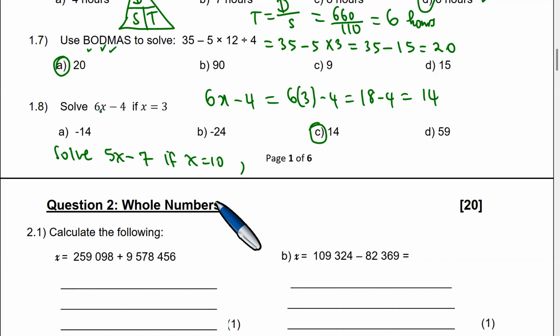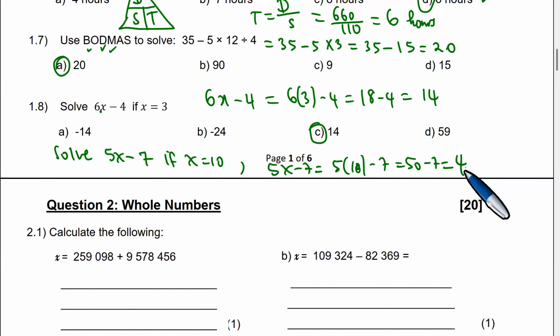So 43. 43, well done. Because if x is 10, then you're going to do 5x minus 7, which is 5 by 10 minus 7, which is 50 minus 7. What is 50 minus 7? It is 43.